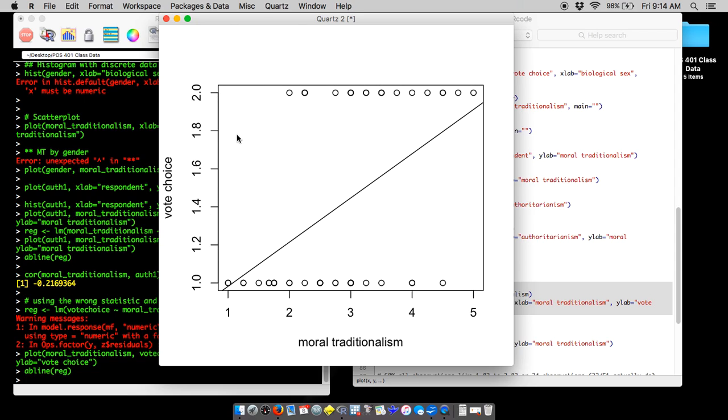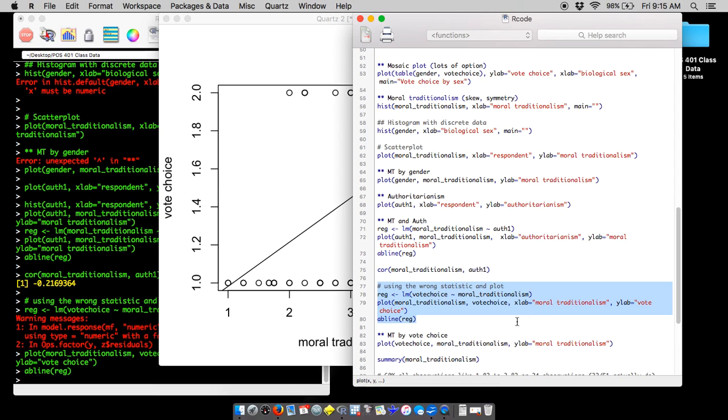There's no way that your responses can take on these in-between values, because we have one category or another category. So what that does is it creates all the observations up here and all the observations down here, and you're trying to fit a line through something where a line just doesn't fit very well, right? So running a linear line through discrete data doesn't make much sense. It doesn't fit very well at all, and we're not going to get a good measure of the correlation.